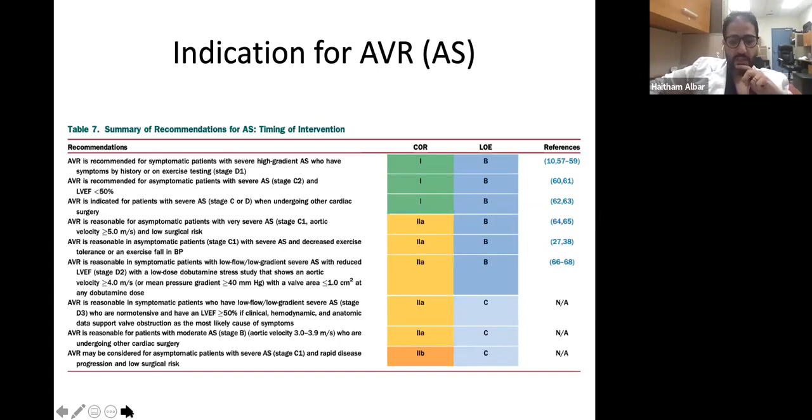There was improved mortality and morbidity when they intervened earlier on those patients. The patients had surgical AVR, not TAVI. It was published in 2019 or 20, I'm not sure, but recently.